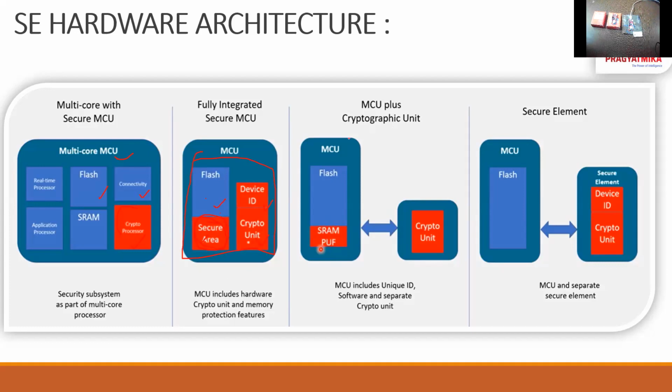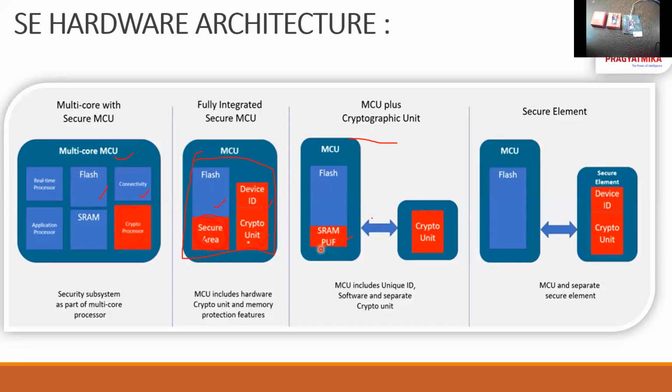Thereafter, we have the MCU plus cryptography unit, where we have the SRAMs and the PUFs, that is for the firmware layers. And then we have the crypto unit separate.